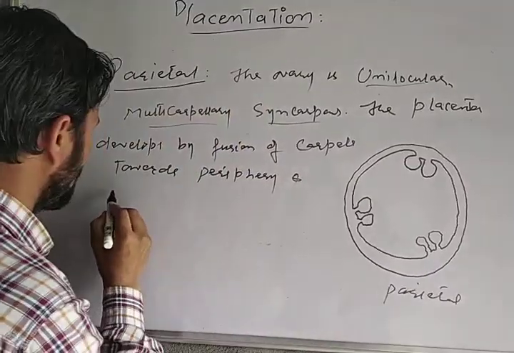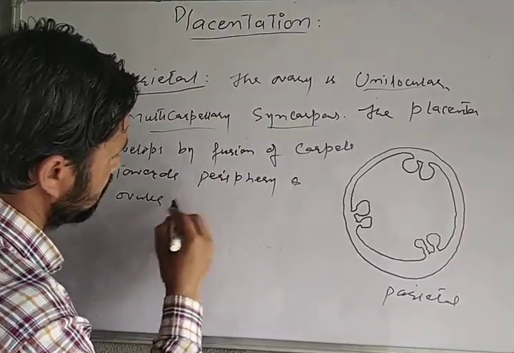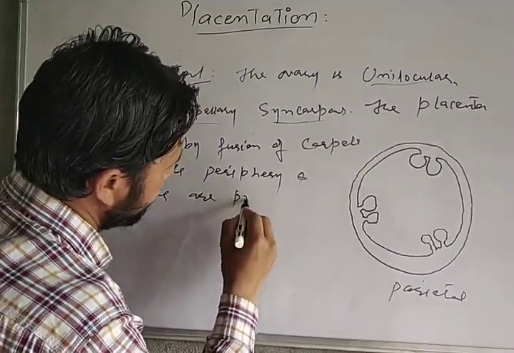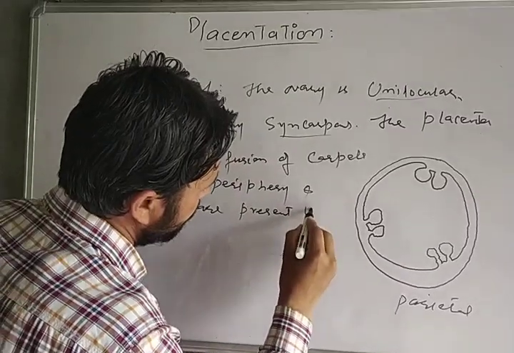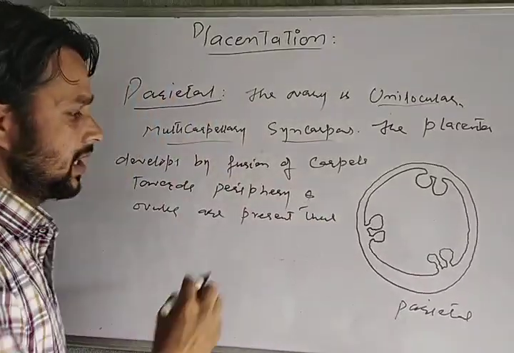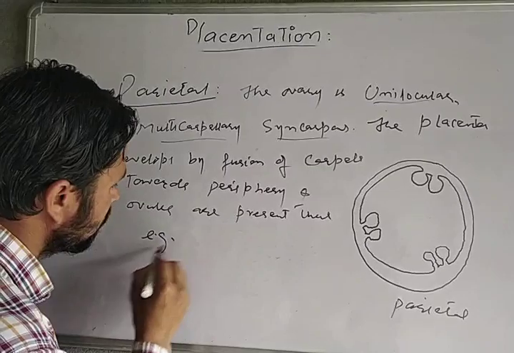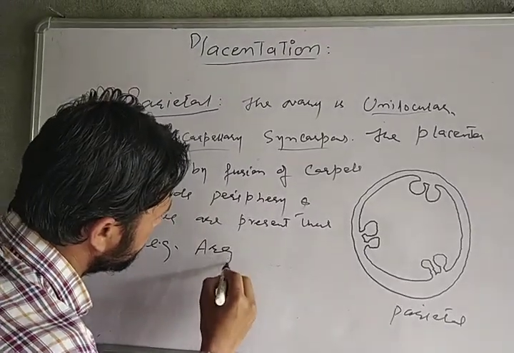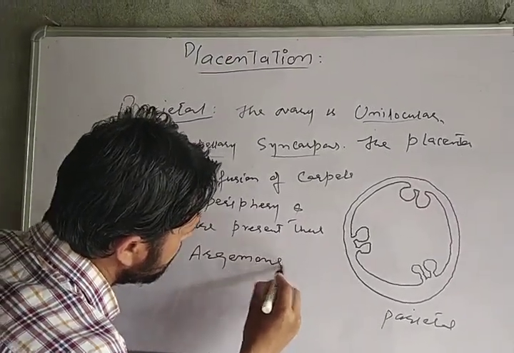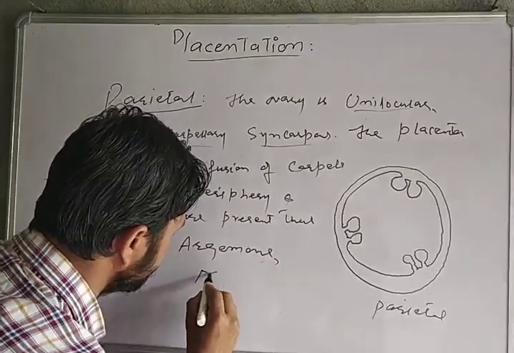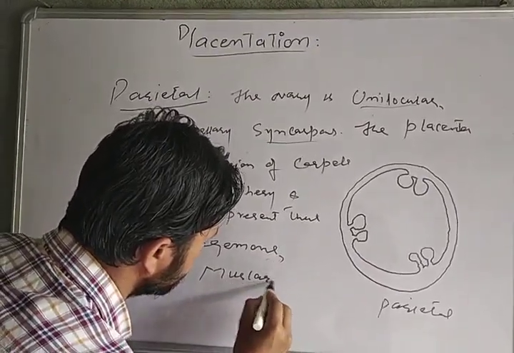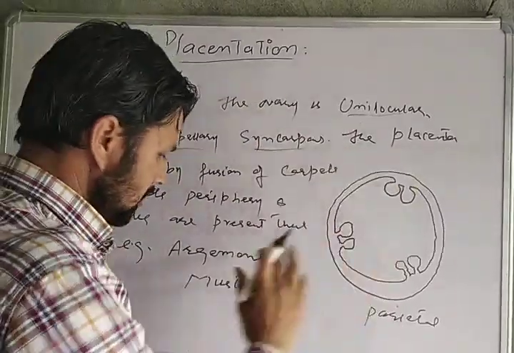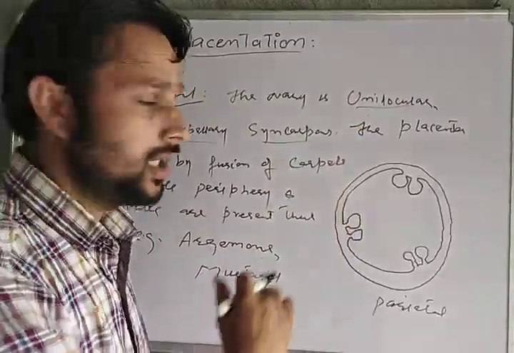And ovules are present here. If we take an example, we can say argemone, mustard. And in mustard, the Brassicaceae family, what happens?